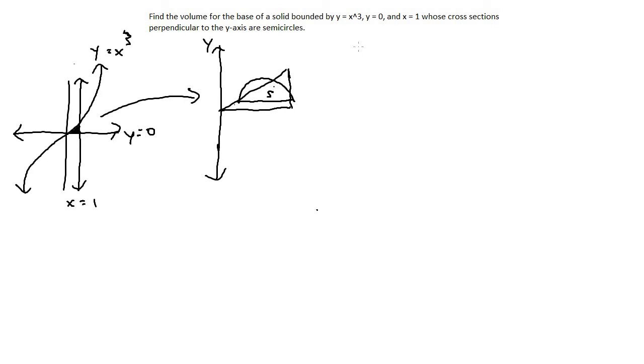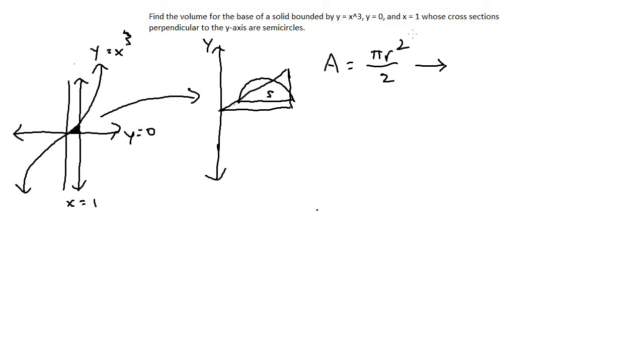In order to find the area of a semicircle, the area is going to be equal to pi r squared over 2, or half pi r squared. To do this, we need to put S in terms of r.